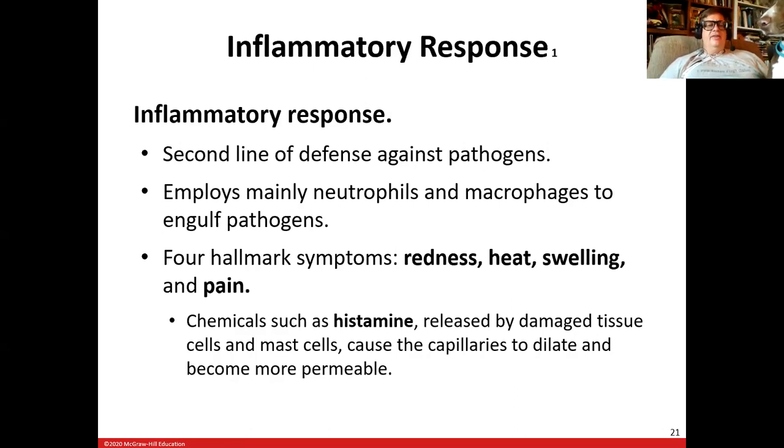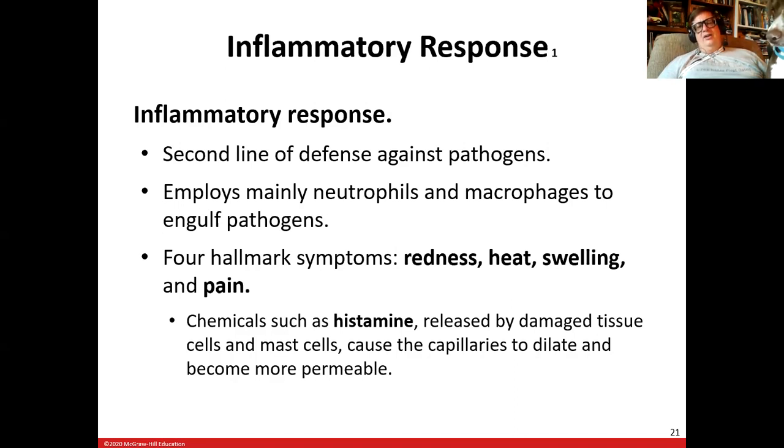But with the inflammatory response, the skin or the body part is going to feel red, hot, swollen, painful. All of those are because you are delivering lots of blood, full of white blood cells, to the tissue. All right. So why is it red? Because you got so much blood. Why is it hot?